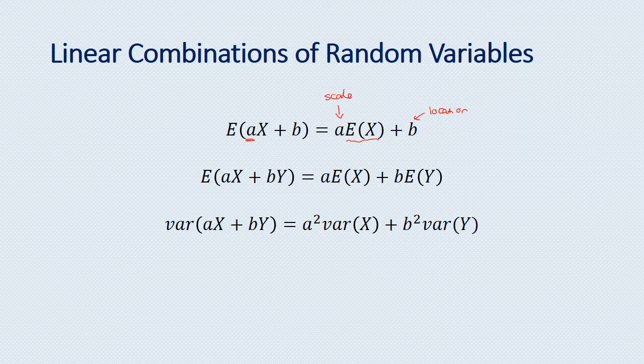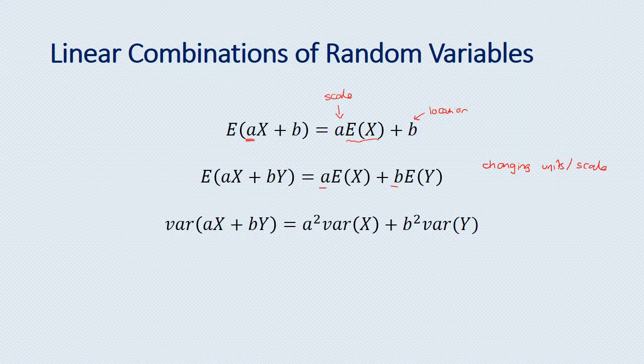If we were to add together two independent random variables, X and Y, we can work this out according to the following formulas. One thing to note here is that these values a and b are just to do with essentially changing the units or changing the scale as we were talking about before.